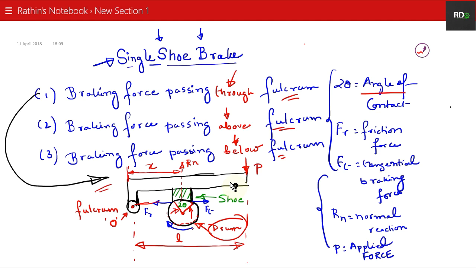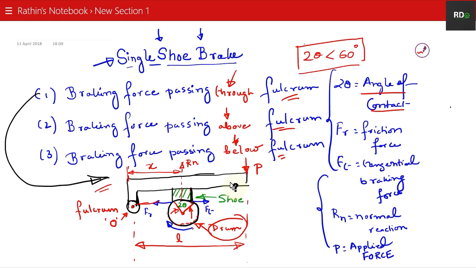This is called the angle of contact. Your angle of contact, 2 theta, should be less than 60 degrees to have a uniform contact between the drum and the shoe. This is for a good brake. Your 2 theta should always be less than 60 degrees. Are you getting my point?